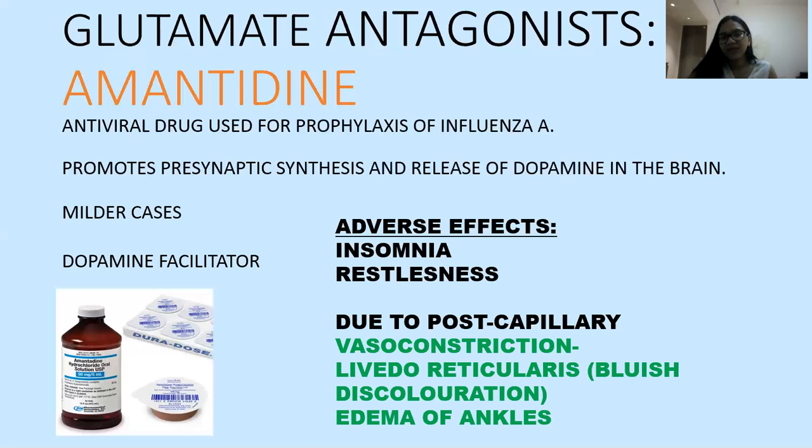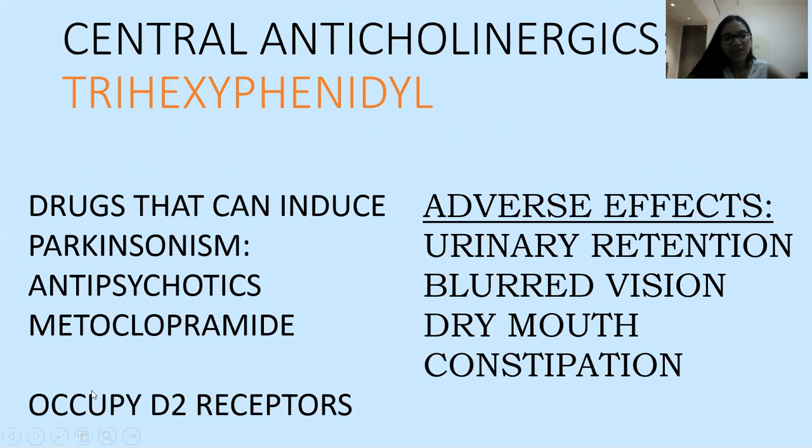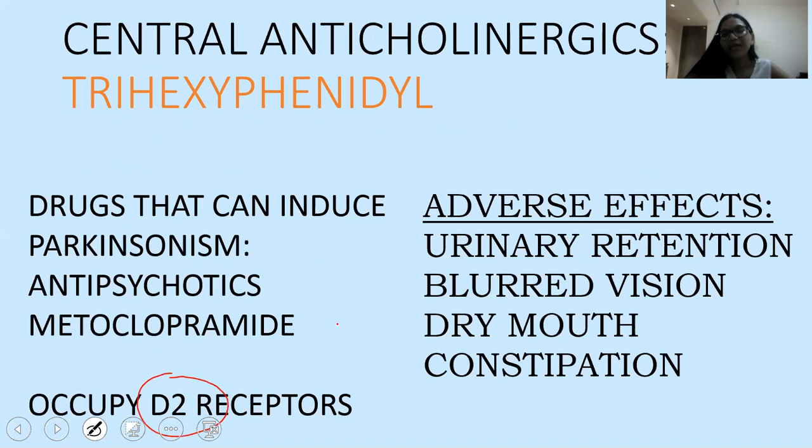Coming to the drugs acting on the brain cholinergic system, there are certain drugs that can induce Parkinsonism by occupying the D2 receptors. These include antipsychotics and metoclopramide. We've already spoken about metoclopramide. Now, because these drugs induce Parkinsonism by blocking the D2 receptors, there is no point in increasing the dopamine in the brain.